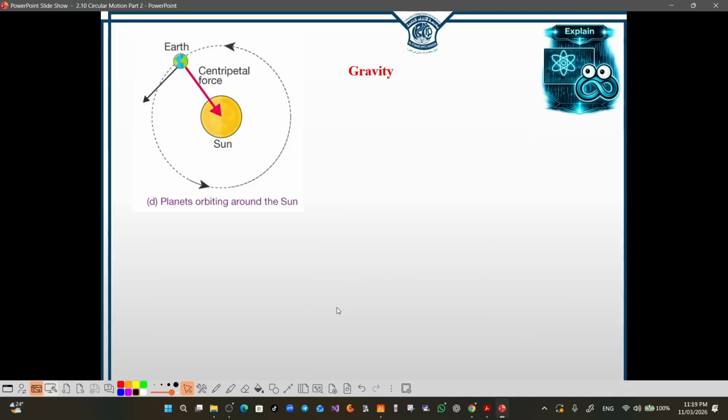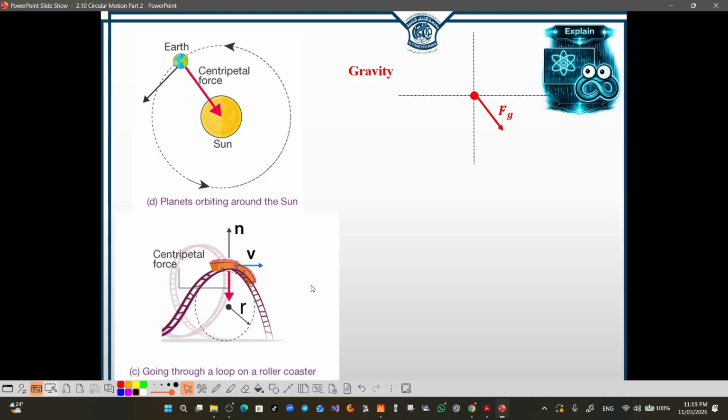Now, in outer space between planets, if a planet is orbiting the Sun or the Earth or whatever the case is, then the centripetal force here will be gravity, and it's always toward the center. The last case is going through a loop on a roller coaster. Here, we don't have one singular force like the previous cases.